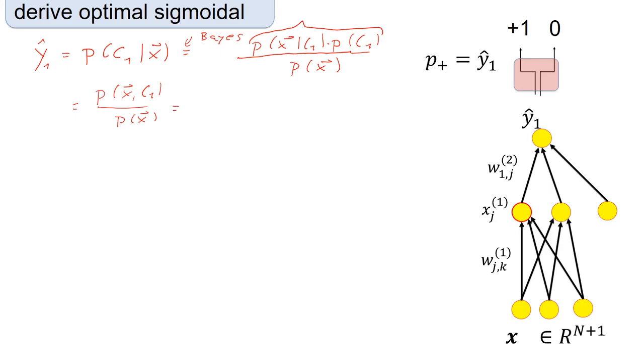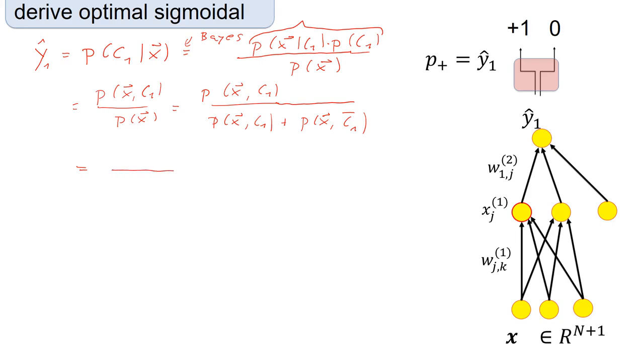But p of x can be written as a sum. So it's p of x given c1 times p of c1 plus all other possibilities. There's only one other possibility, and that is that this data point is not part of the class, indicated here by a horizontal bar. And now I can divide this expression by p of x c1.